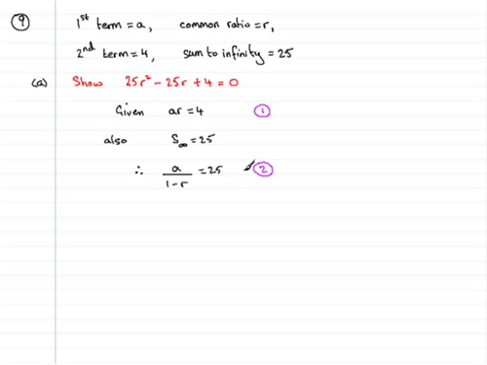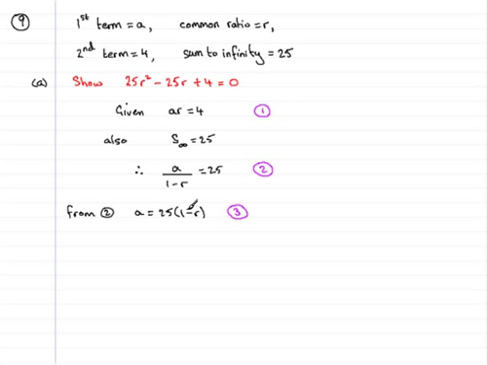So in order to do that, I'm going to turn to equation 2 because it just seems the more complicated, and get rid of the fraction 1 minus r, and I can do that by multiplying both sides by 1 minus r, so that from 2 I get that a equals 25 times the 1 minus r. I'm going to call this number 3. And so what I'm going to do now is substitute equation number 3 into equation number 1 in place of a.